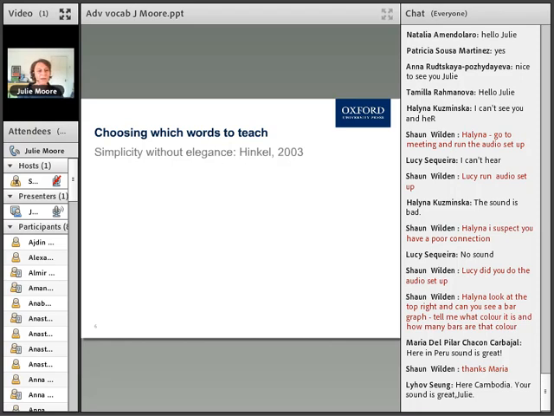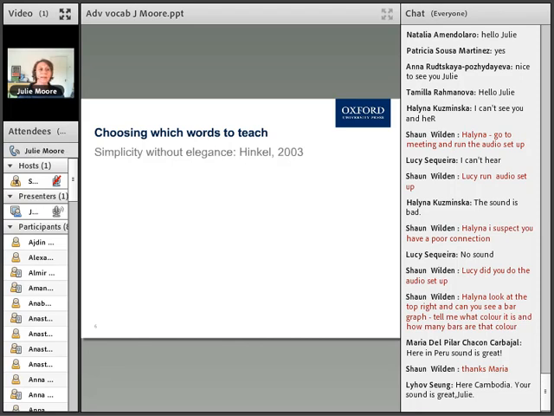So I'd like to have a look at an example of a little bit of research here that was carried out by an American researcher, Hinkle, in which she took two groups of students. They were all undergraduate students at an American university, but one group were local American students whose first language was English.